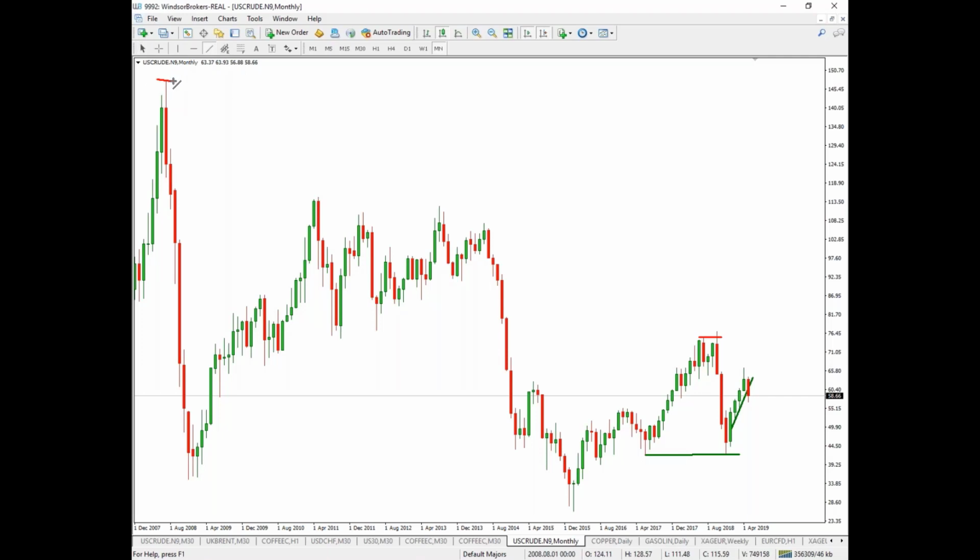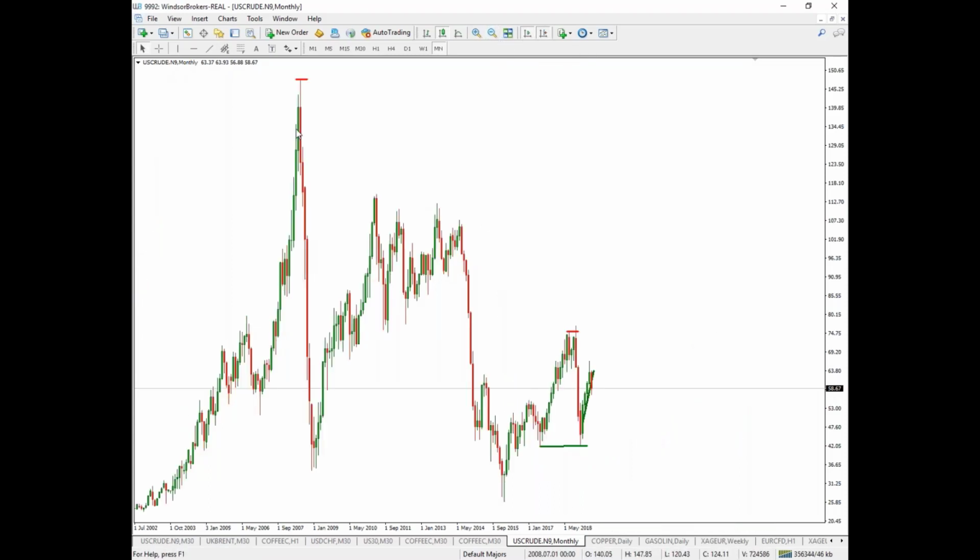And if the price, for any reason, comes again to this level, it will have quite a lot of difficulties to break it. Why? Because the steep rally before hitting this level was followed by an even steeper and stronger reaction in the opposite direction. So this marks very strong resistance.